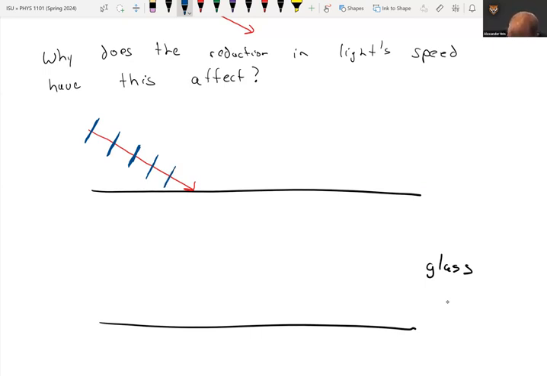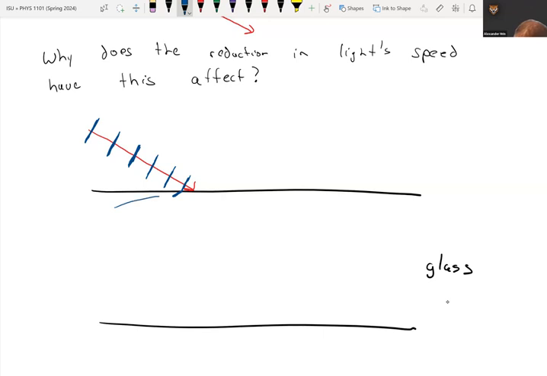Now, the next one here, I can do part of it, but basically some of the wavefront has started to interact with the glass. And the point of that is that now that portion of the wavefront is going to travel more slowly. The portion that's still in the air is just going along as it normally would, but the portion now in the glass is going to fall behind.